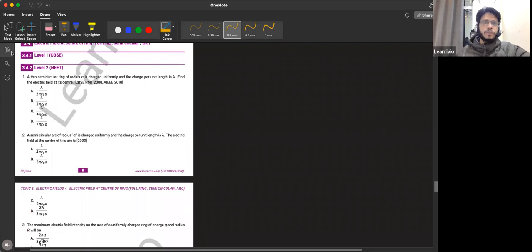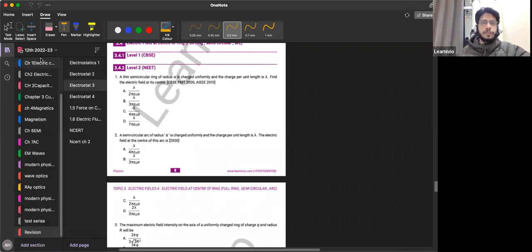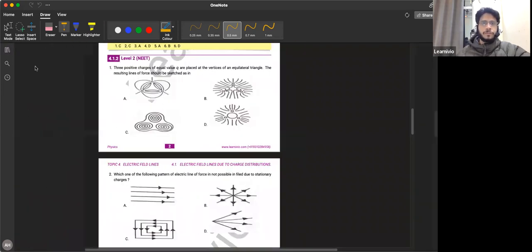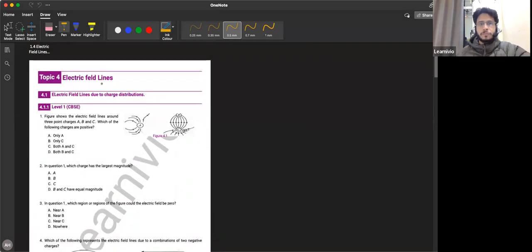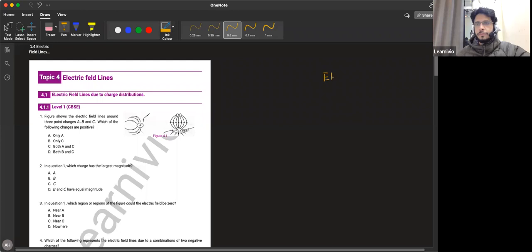After this, the next topic is electric field lines. So in the first chapter, the first topic is charge. Then you have Coulomb's law with superposition principle and all. Then you have electric field, point charge, dipole, and superposition principle. Then you have electric field lines.